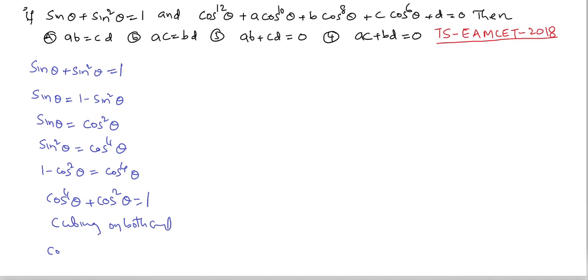cos power 4 theta plus cos square theta whole cube is equal to 1 cube, which is 1. That is (a plus b) whole cube.